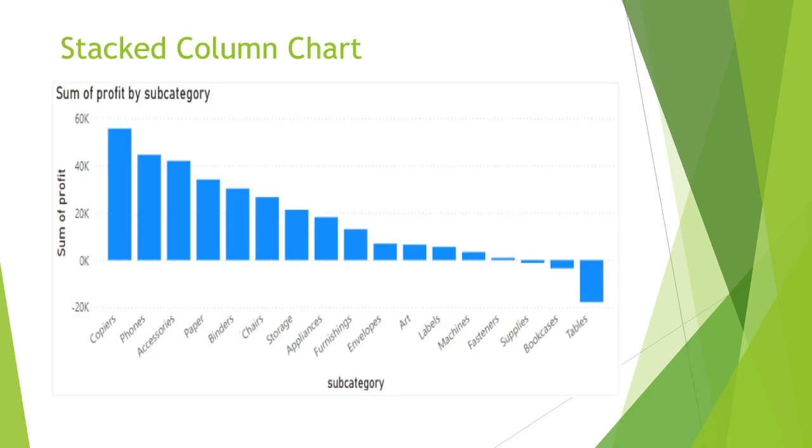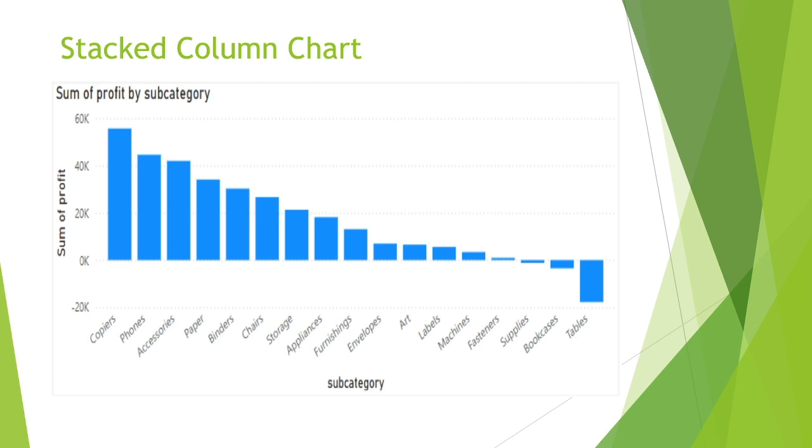Okay, and then stacked column chart. Sum of profit by subcategory, and this bar chart shows how much profit each product subcategory makes. Like most profitable products, like copiers, phones, and accessories, bring in the most profit, meaning they are great for business.